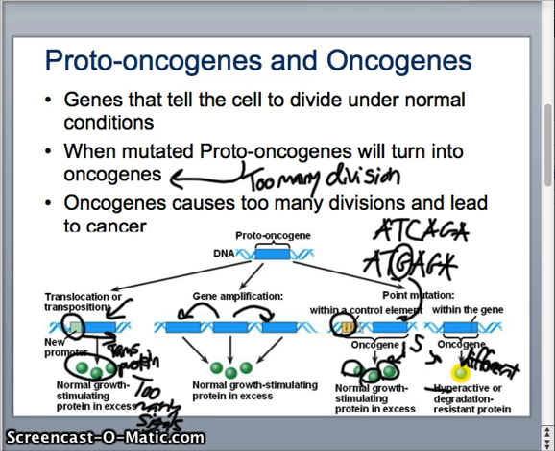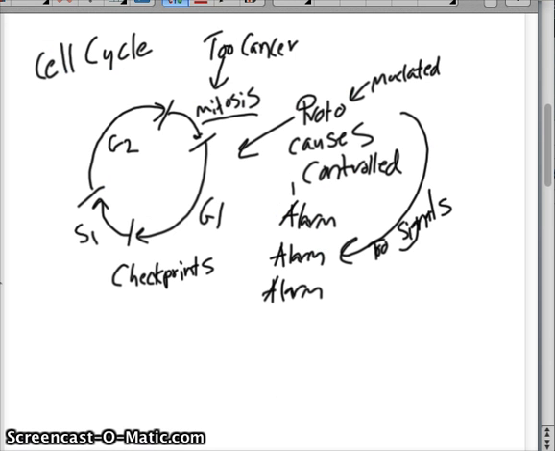So if we go back to this, mitosis is just going to happen over and over and over again. Instead of one cell going into 2, and then these cells slowly dividing into 2, you would have your normal cells here.